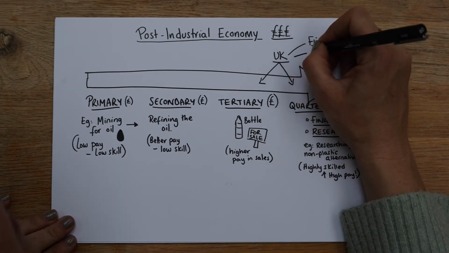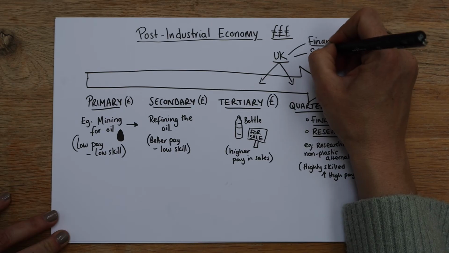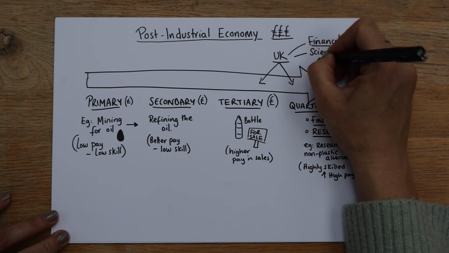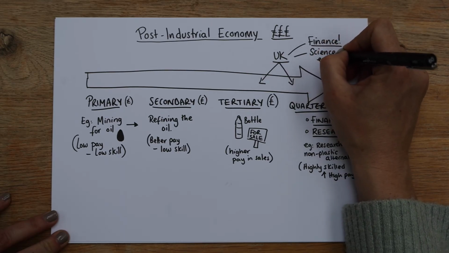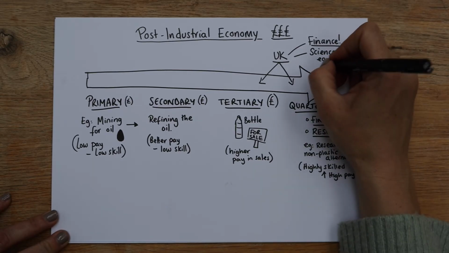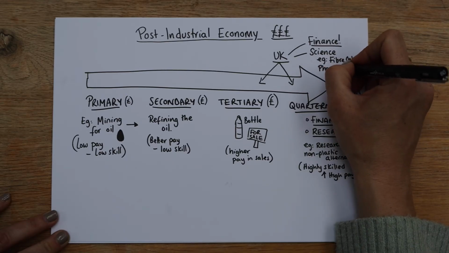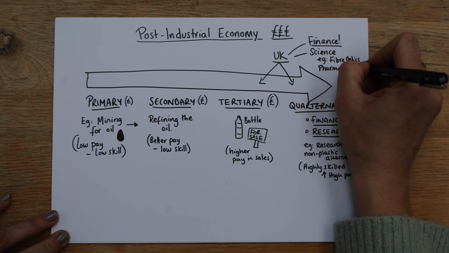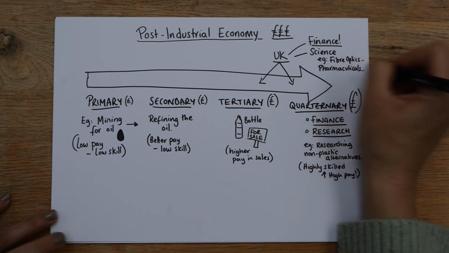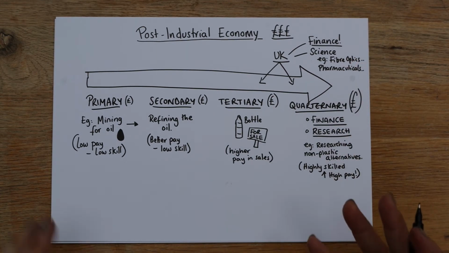But we're also really big in things like science. We have lots of science parks, and we look at things like fibre optics, amongst other things. Pharmaceuticals, huge amounts of money in pharmaceuticals. So it gives you a kind of clue where we're making our money in the economy.